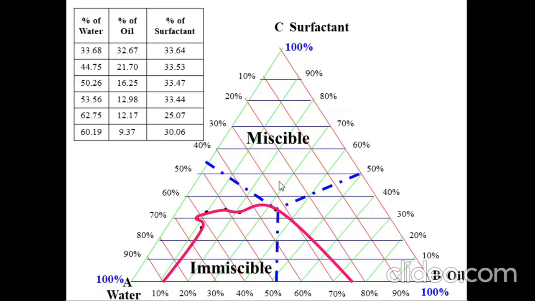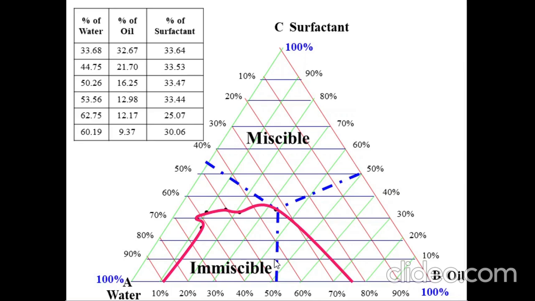So this particular curve or the area represents the possible conditions of water, oil and surfactant, and the area above the curve, as I said, represents one phase or the region of miscibility, while that below the curve, falling within this curve, represents the two phase or the region of immiscibility system.